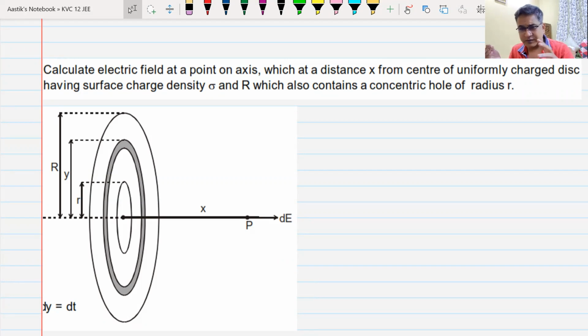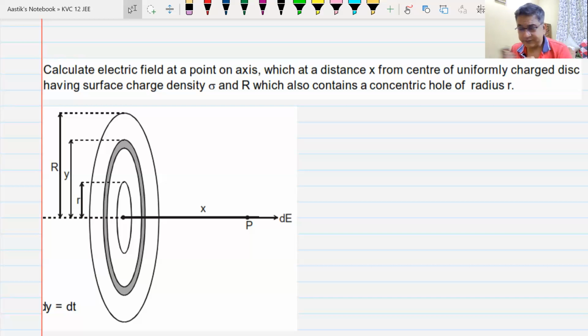This question might also come in moment of inertia, where you have a disk or a sphere with a hole, and you are supposed to find the moment of inertia of that sphere. Have you done moment of inertia? Yes or no? Yes, sir. Okay. Have you found the moment of inertia of a sphere with a hole? Yes, sir. That's it. That's how you do it.